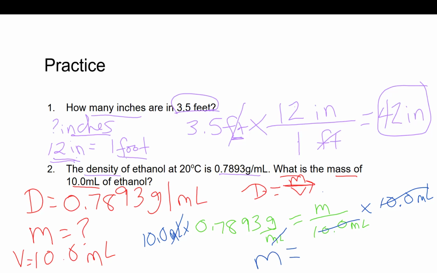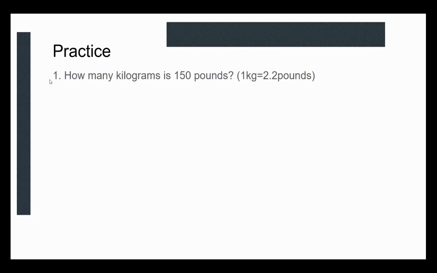So now it's going to be 10 times 0.7893, so our mass is going to be 7.893 grams. It's a little bit different. All we're doing is rearranging. We're not just plugging it in anymore. Now we're having to rearrange it. Okay.